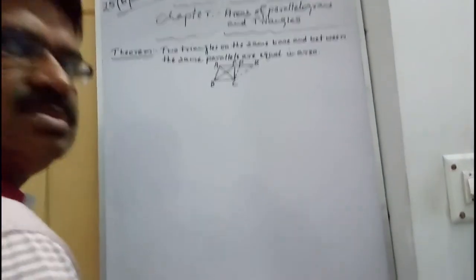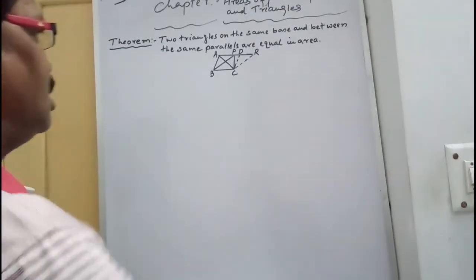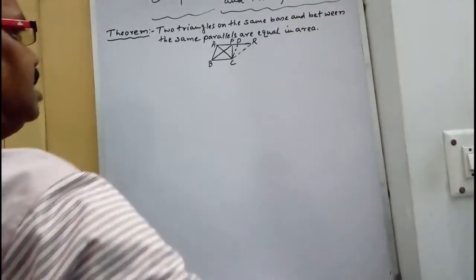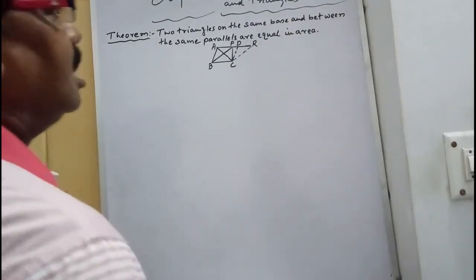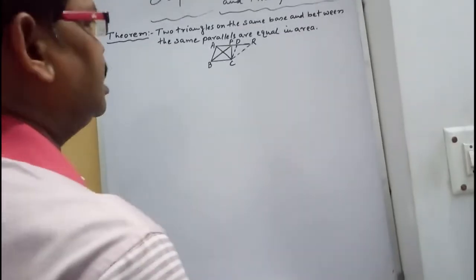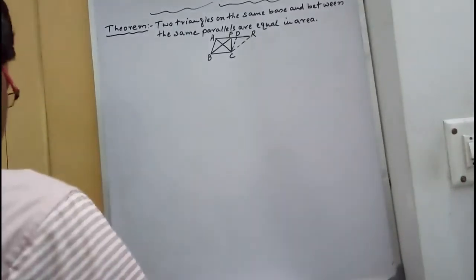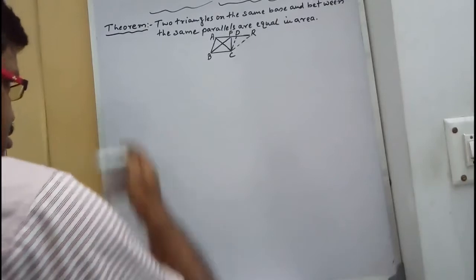Now the theorem: two triangles on the same base and between the same parallels are equal in area. This is the theorem.